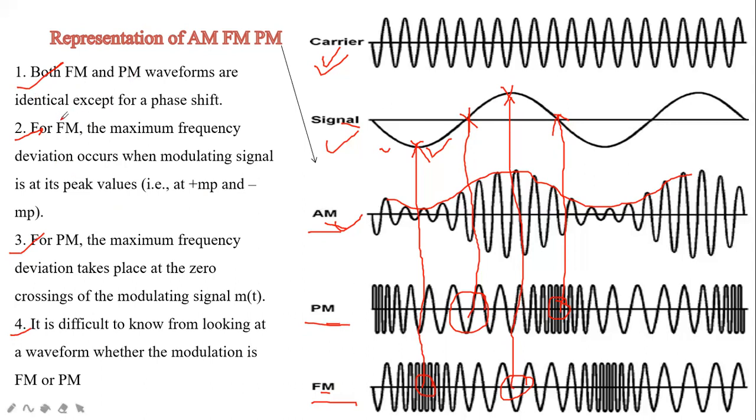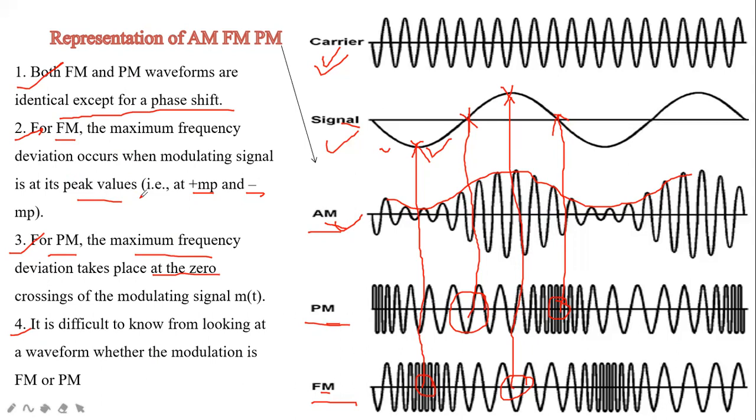First one is identical except for phase shift. For FM, as I have told, peak values you can consider for both positive and negative. For PM, again, maximum frequency at zero crossing, as I have told. So by looking at it, you can't say whether it is FM or PM. You just need to focus on the wave.